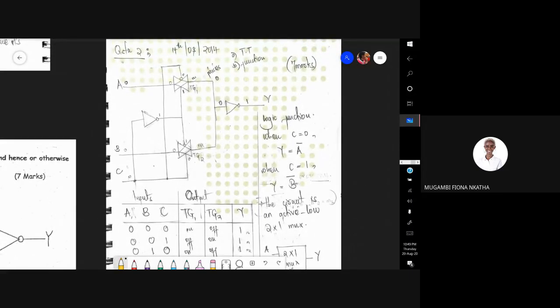As you can see, the input C controls the NMOS part of transmission gate 1 and the PMOS part of transmission gate 2.